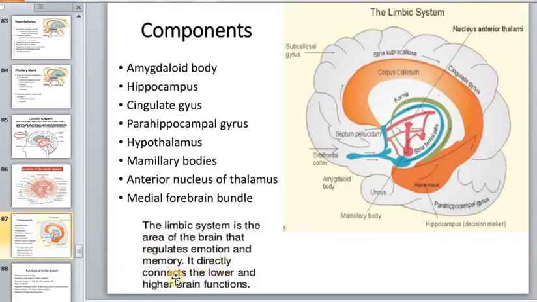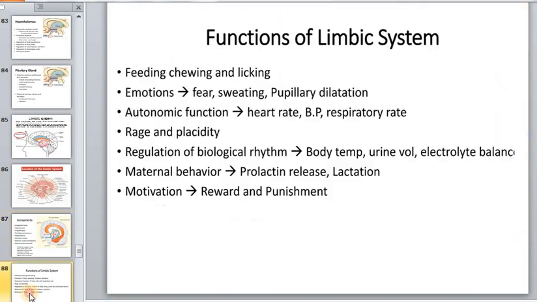It directly connects the lower and higher brain functions, and here we see the functions: feeding, chewing and licking, emotion, autonomic functions like heart rate and respiratory rate, placidity, regulation of biological rhythm, maternal behavior, and motivation.